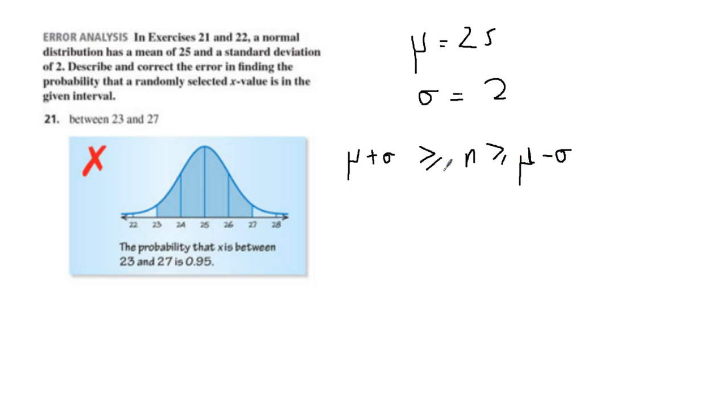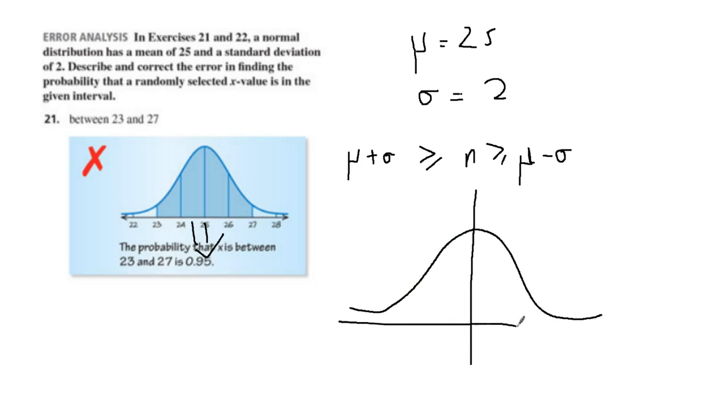then it's going to be in between these two lobes. I'm going to draw a bell curve out because this bell curve is inaccurate, and that's why it's wrong. So we have this, and then we have the line going through it. This is mean plus standard deviation, that's 27, and this is 23 right here.